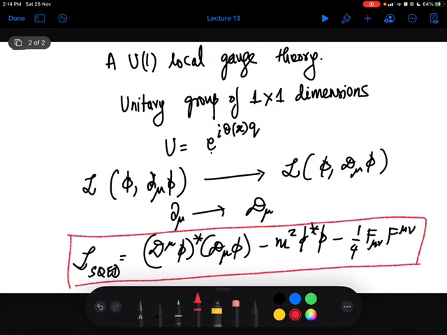Now what is the current here in this case? Now we know the current independently. There are a couple of things. Noether's theorem is actually valid also for local gauge theories, but the derivation of the current is slightly complicated.